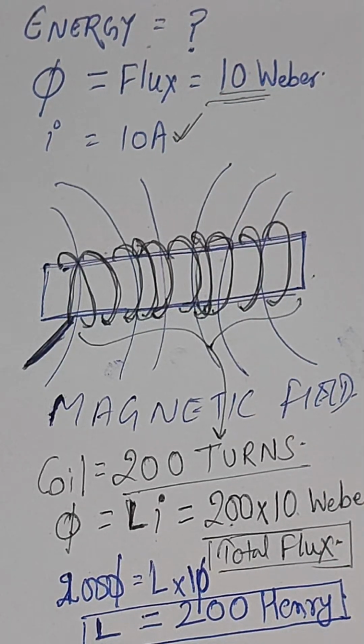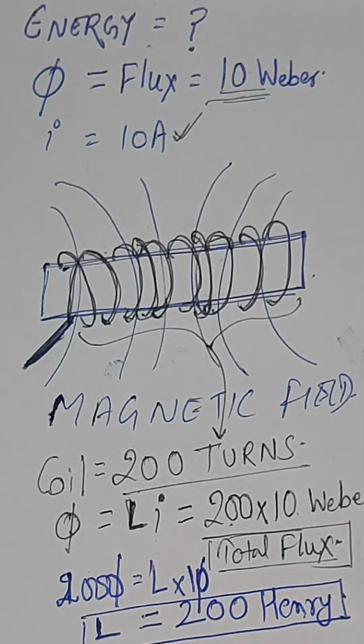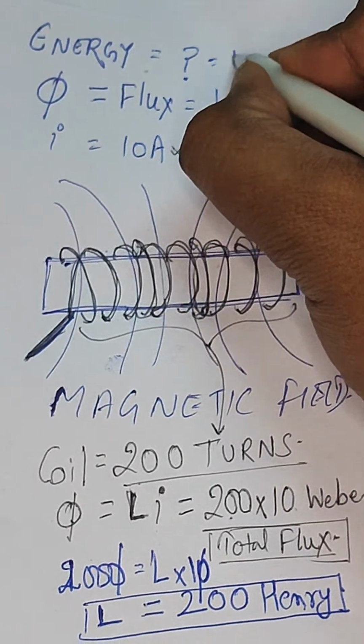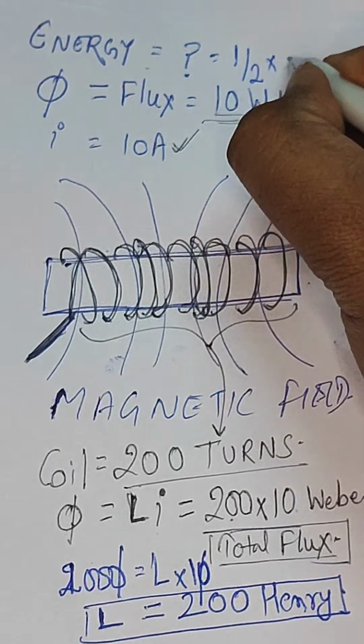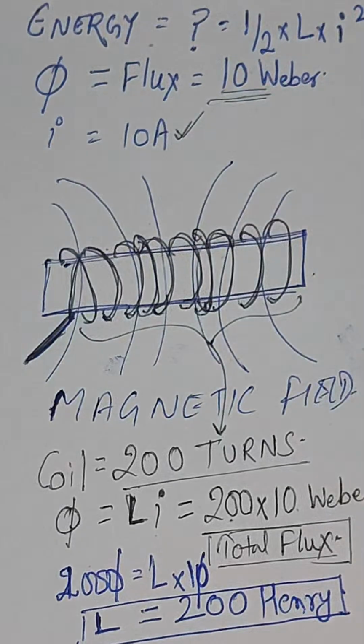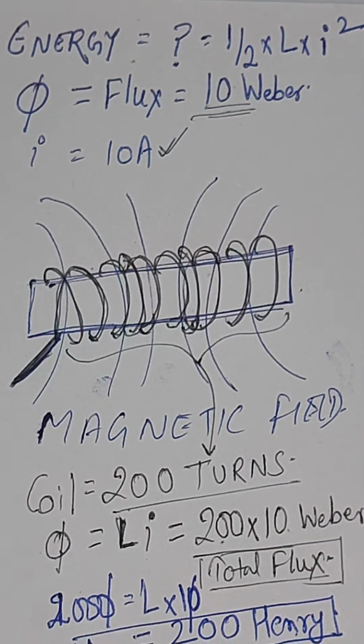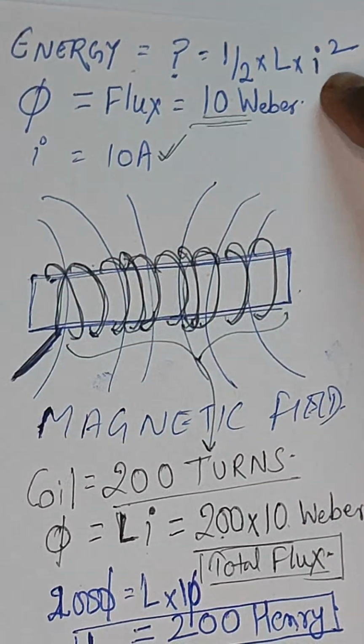So my dear friends, if you remember the formula for a coil, the energy is always given as half L I square, half into L into I square, right? And when it's a capacitor, it's half into C into V square.